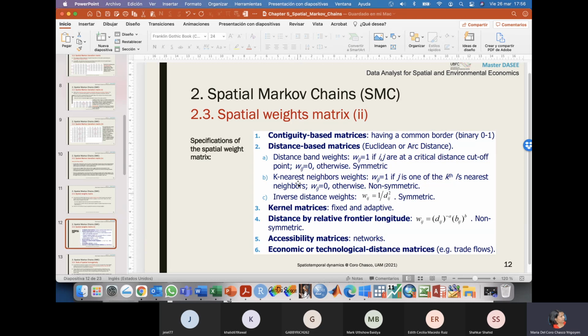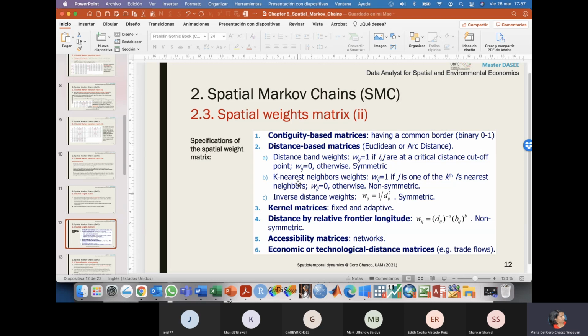So with the k nearest neighbors, why give 1 to a nearest neighbor when perhaps this nearest neighbor is very far? If I consider the centroid, think about the nearest neighbors to the centroid of Russia, the country, or the centroid of China. They are so huge that the nearest neighbor is very, very far.